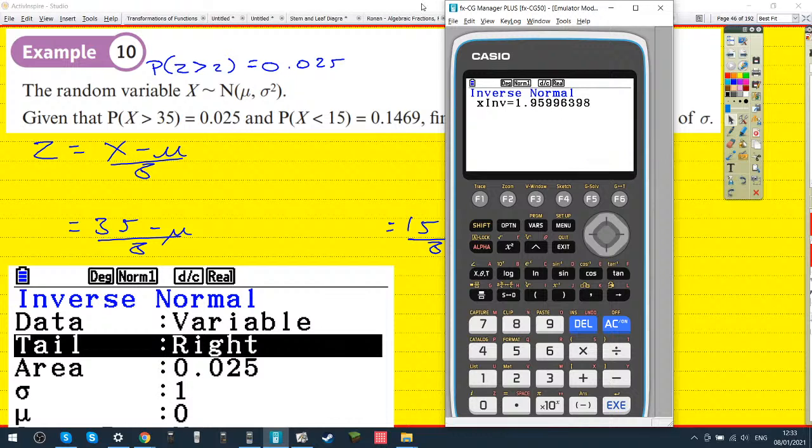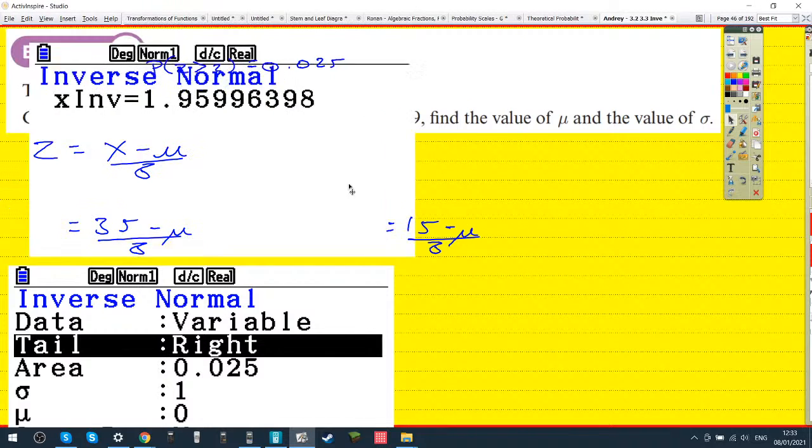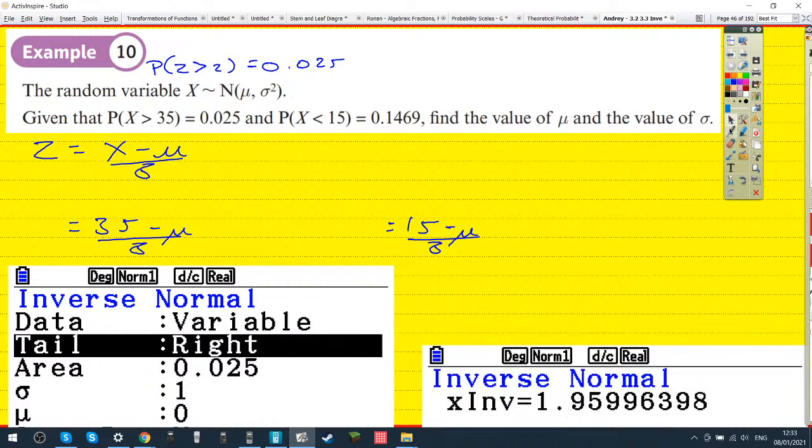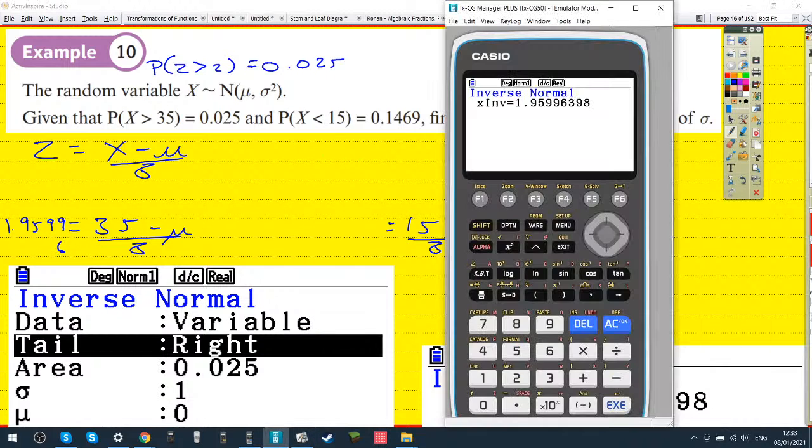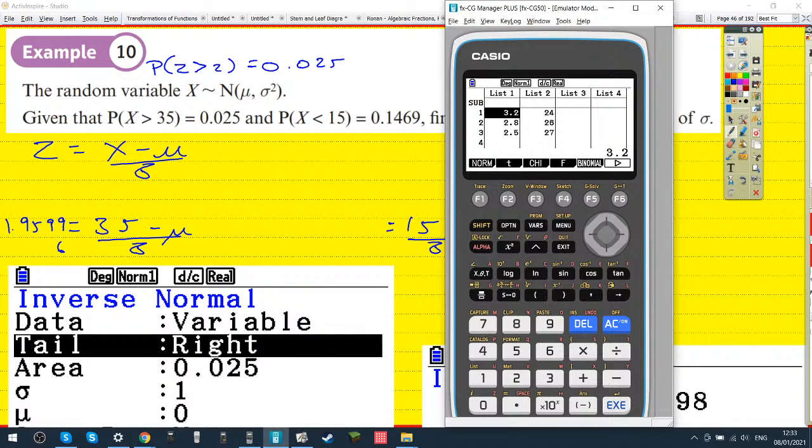Great. So that's z, but let's just make sense of that. 1.9599, I'm going to write 6. Let me go back out. Instead of inverse normal, I will just do normal cumulative.